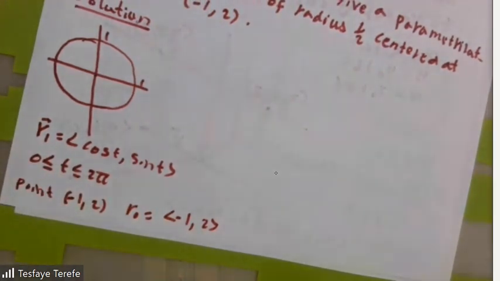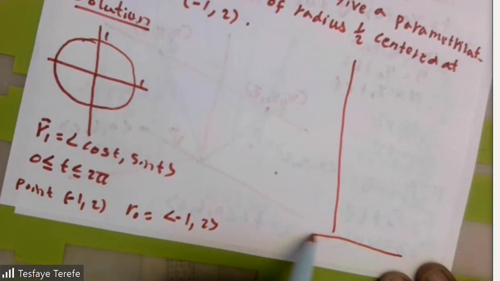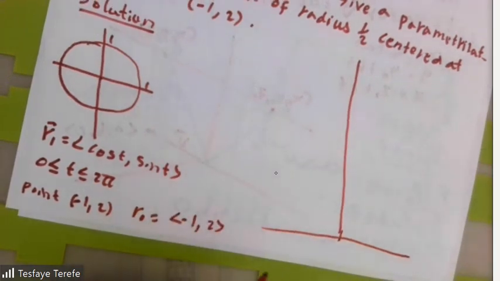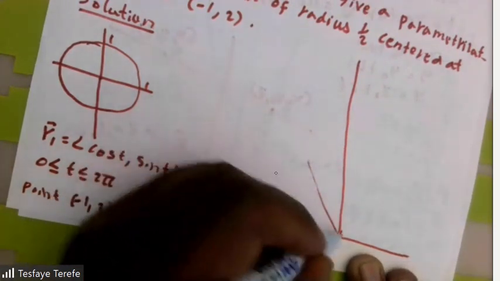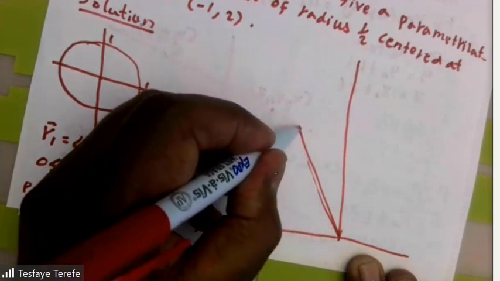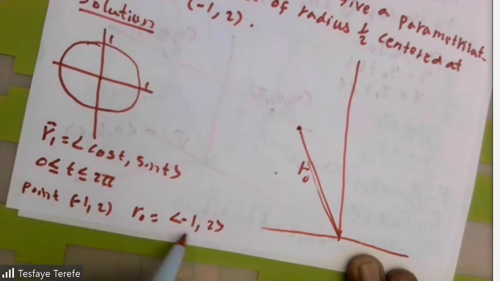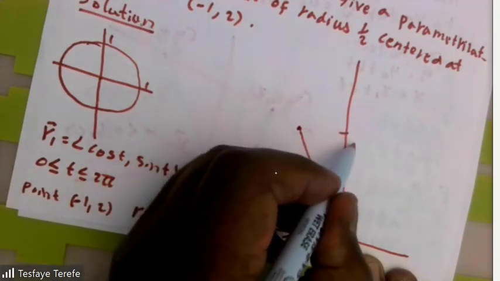And now if I try to really locate this, I will have the position, let's say -1, 2, somewhere here. I call it R sub 0. This is -1, and this is really 2.